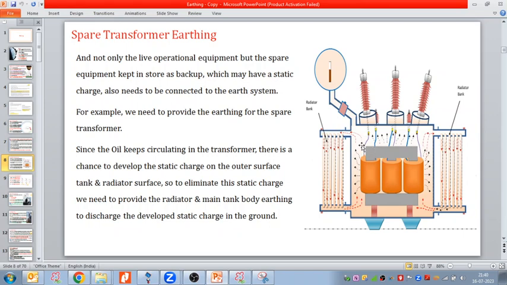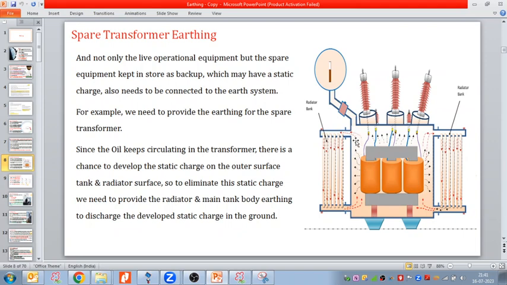In that case the density of the oil will reduce, and the oil on the bottom side will have higher density. Due to this change of density, the oil keeps circulating inside the tank and the radiator.